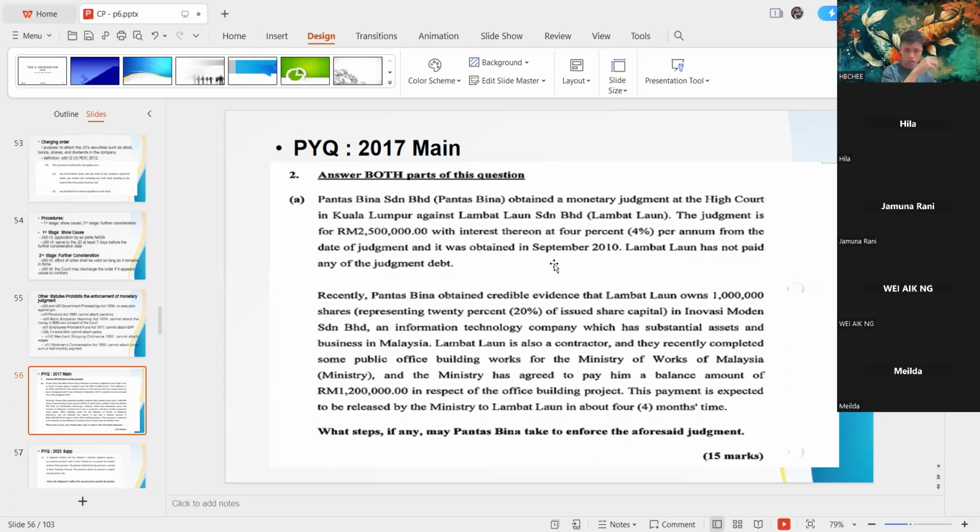Then you add the Dr. Shamsul Baha case, that after the 6 years, you have to obtain the leave of court. And also in your section 6, you are not entitled to the interest sum after the 6 years has elapsed. This is how we are going to conclude the first paragraph.